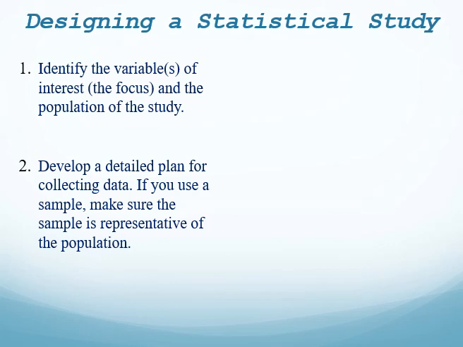We want to make sure that when we sample, when we ask people questions, those people were randomly selected from the population. So if my population is seniors at Montclair High School, and I want to know how likely you are to go to prom this year, are you planning on going to prom or not? That's the variable I want to ask about.